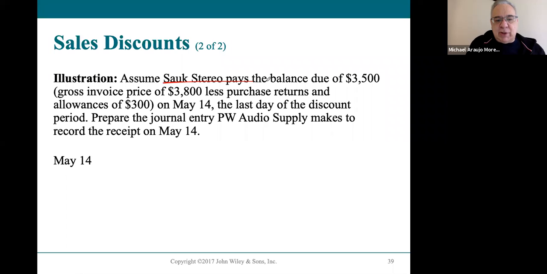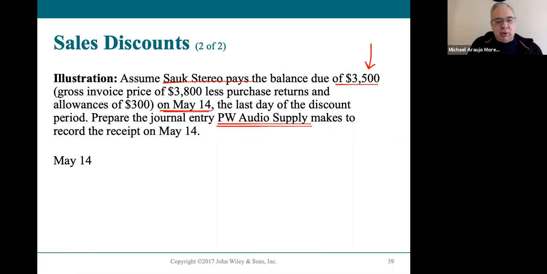So remember, Sock Stereo paid us early. They had a $3,500 balance, but they paid us in the 10-day period. So we get that check at PW Audio. How do we record all of that? Well, certainly the payment of the receivable is recorded, but they've taken the discount.